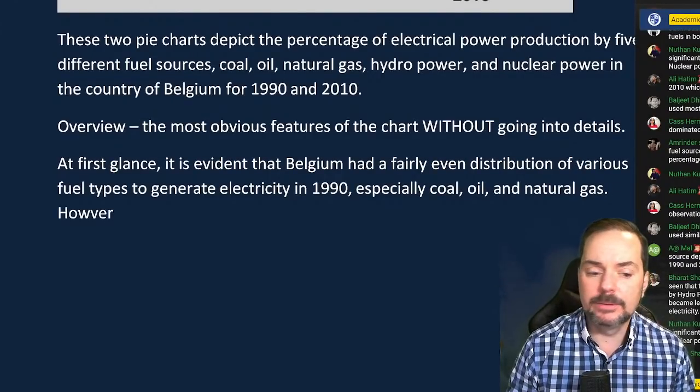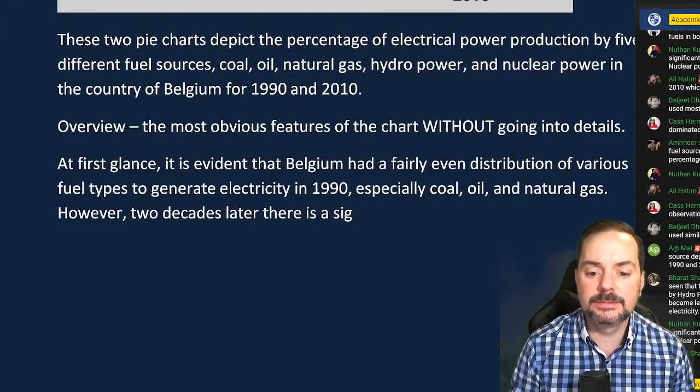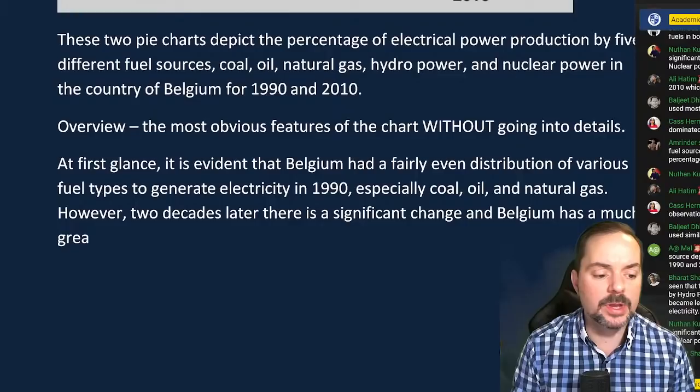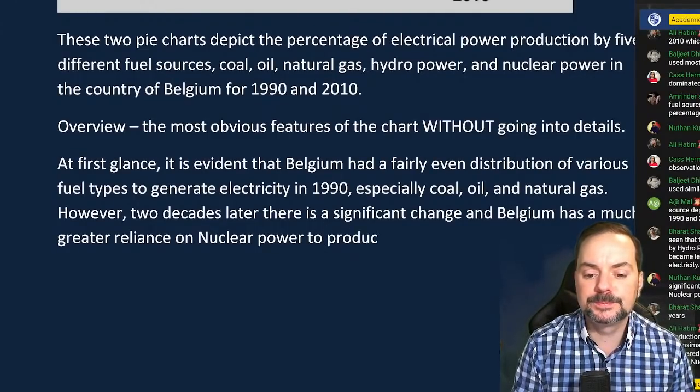So, however, 2 decades later, there is a significant change, and Belgium has a much greater reliance on nuclear power to produce electricity.